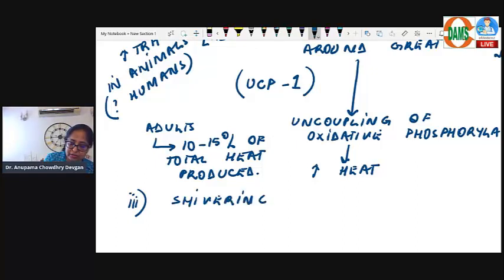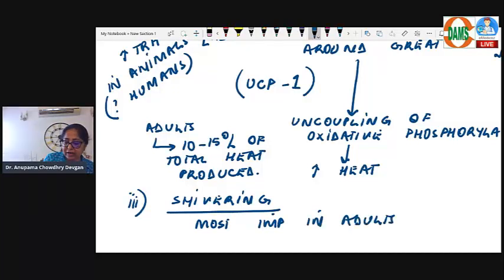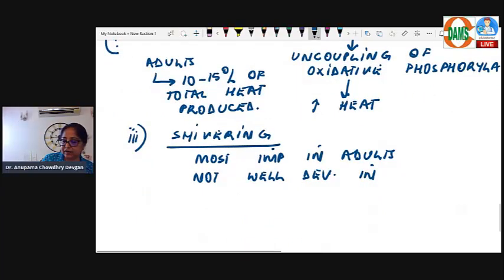Shivering is the most important mechanism in adults, and it is not well developed in infants, in newborns.